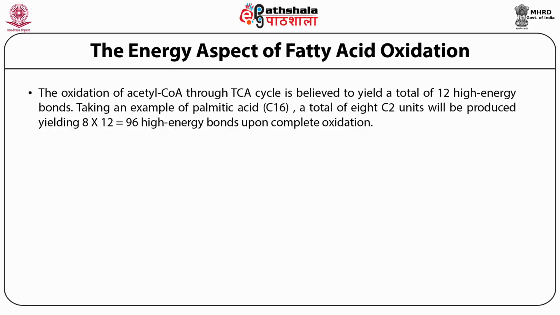Taking an example of palmitic acid, which is a 16 carbon compound, a total of 8 two-carbon units will be produced, yielding 96 high energy bonds upon complete oxidation.